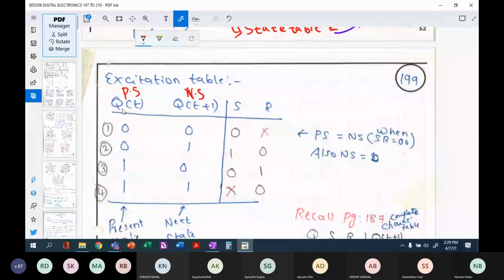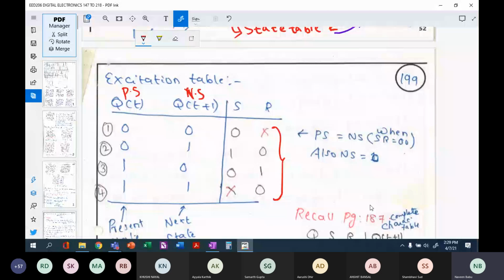Now we need to know what will be the SR values. In order to fill up these values, you have to have the state table here. If you remember the state table, we must go to page number 187 of my notes. But for your convenience here, I have rewritten it again. Right. So this is the state table.